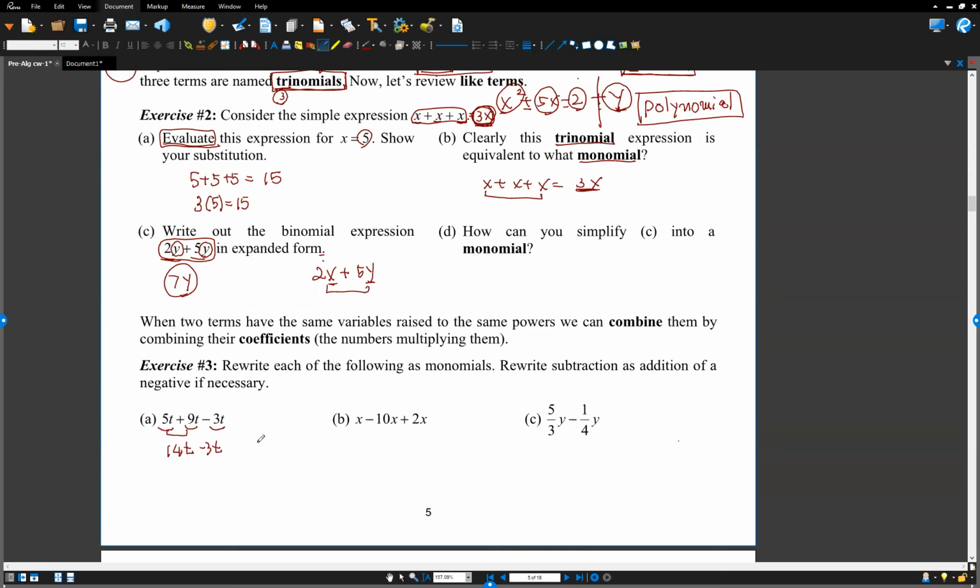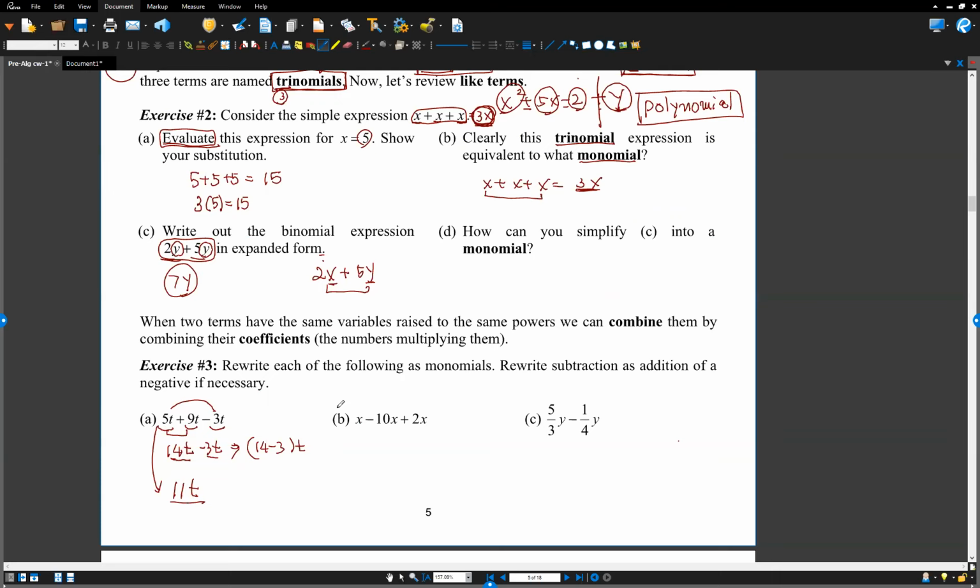You can use distribute, right? 14 minus 3 times t, you can use distribute. But you don't have to, okay? 14 minus 3 is 11. 14t minus 3t, so you know that it is 11t. This trinomial simplified into one monomial, right?